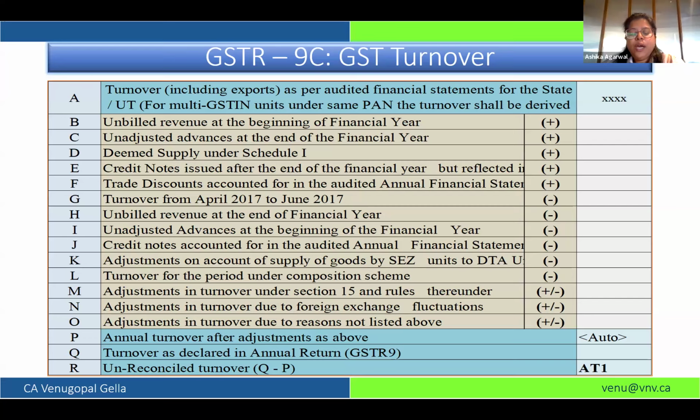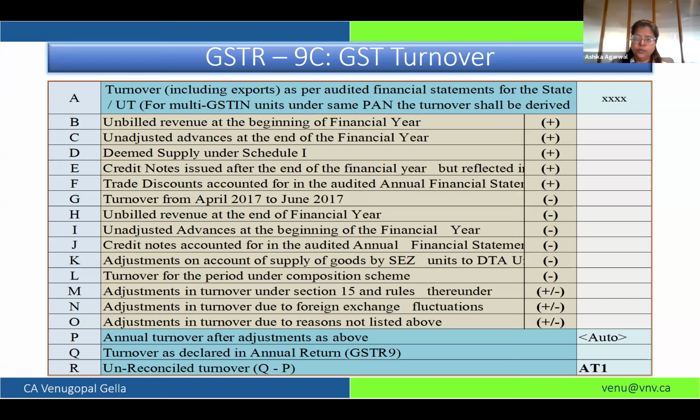Now it needs to be understood there may be multiple reasons that what I have recorded as revenue from operations in my audited financials may not match what I have reported as taxable turnover in my GST return, or it may not be equal to GST turnover. When I am using the word GST turnover, I am not limiting myself to taxable turnover. It includes taxable, exempt, and non-GST supply.